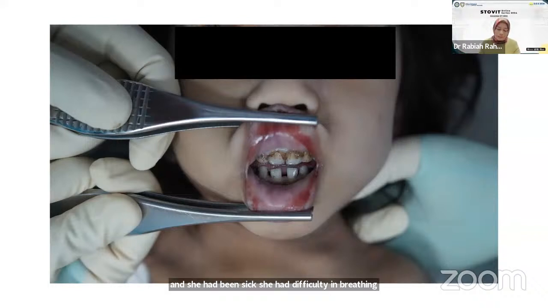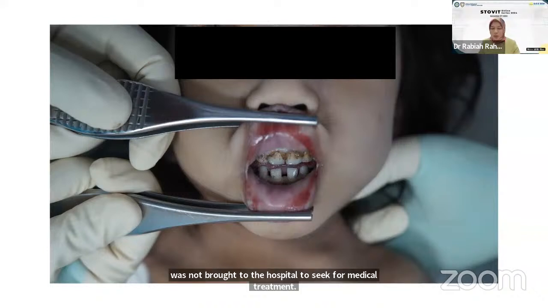However, she was not brought to the hospital to seek medical treatment. So, what is expected of us forensic odontologists to do?